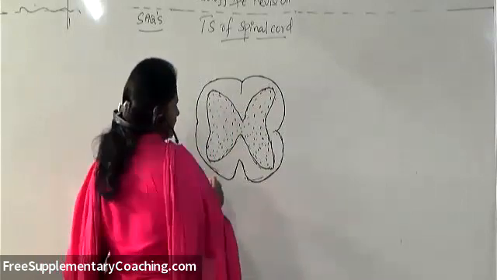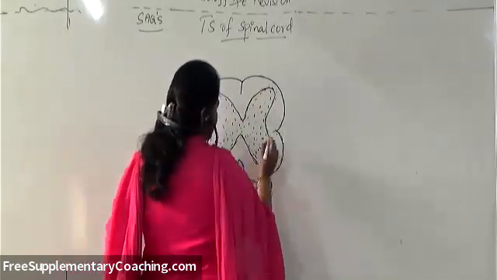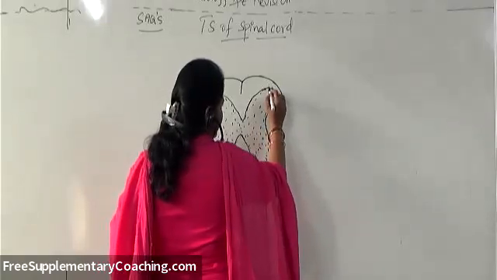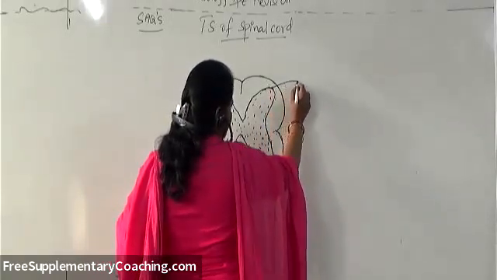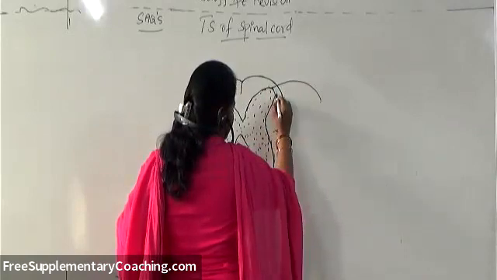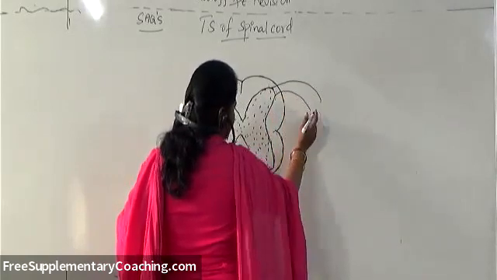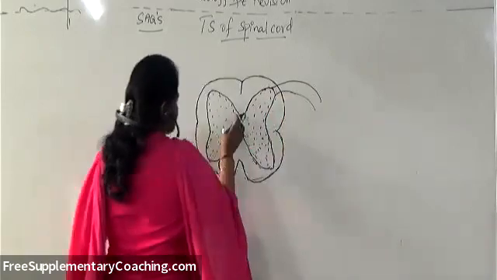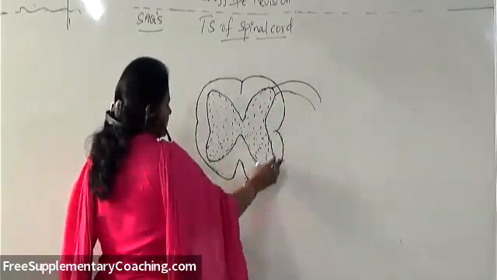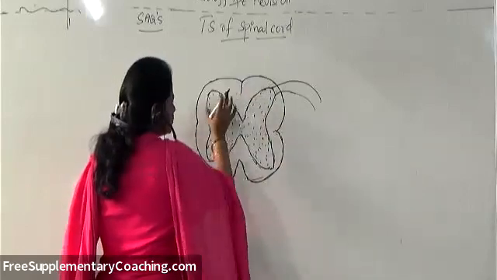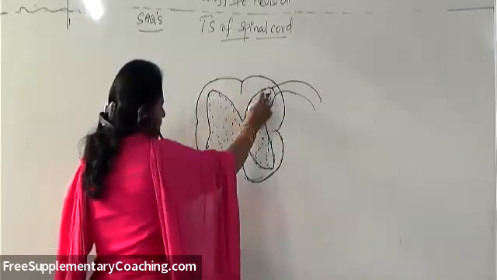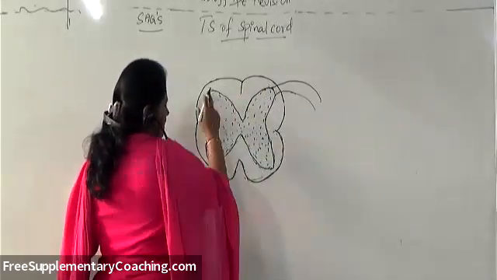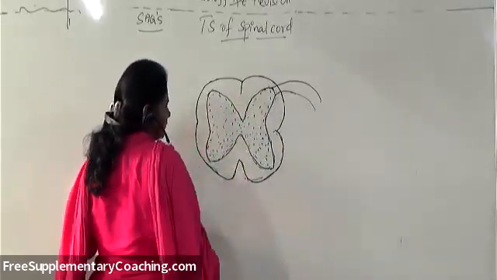Now along with that, you need to show the ganglia on the spinal nerves, the nerve that is originating. This central canal of the spinal cord consists of two roots: the dorsal horn and the ventral horn.